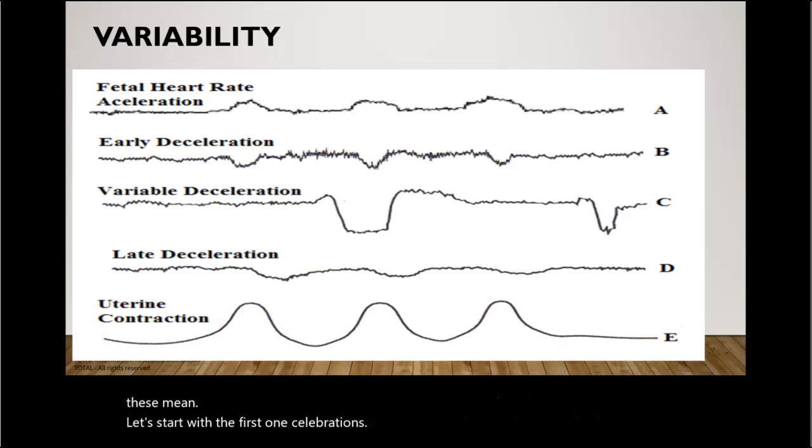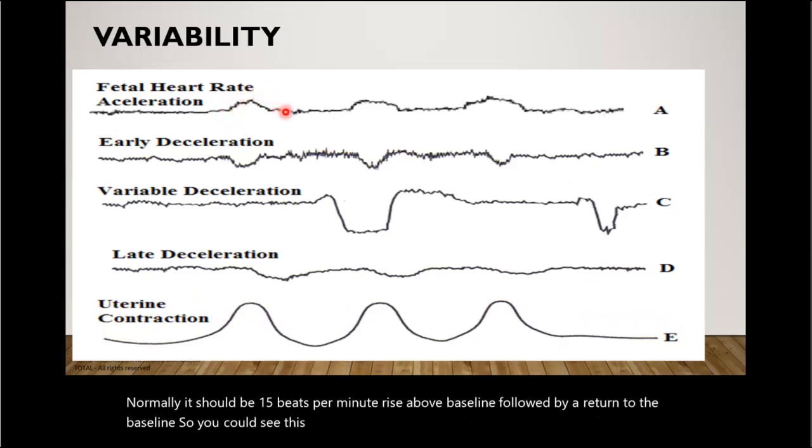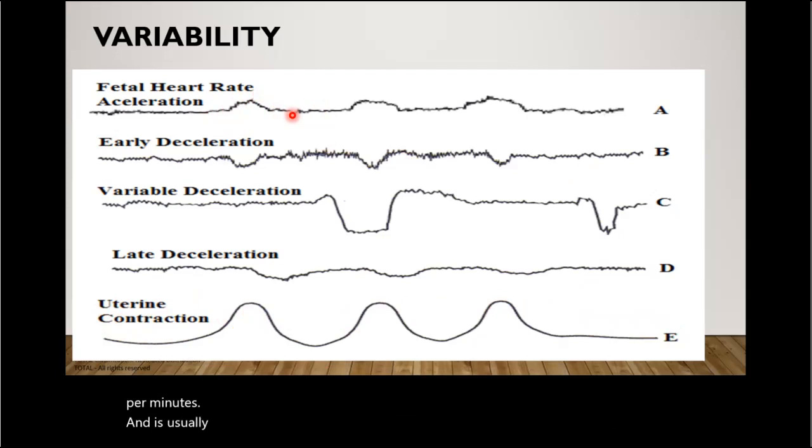Normally, it should be a 15 beats per minute rise above the baseline, followed by a return to the baseline. You see this rise and then back to the baseline. You usually see this in response to fetal movement or contractions, and it indicates fetal well-being.